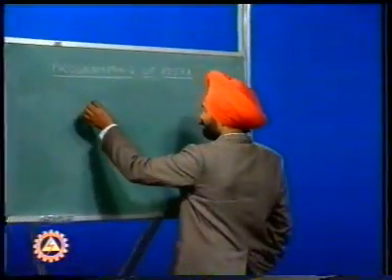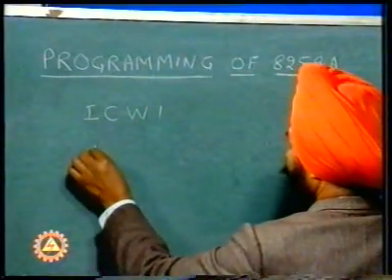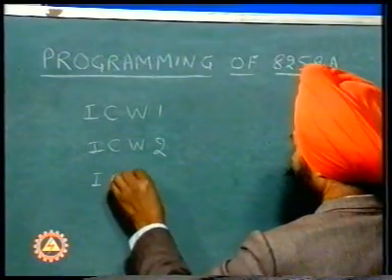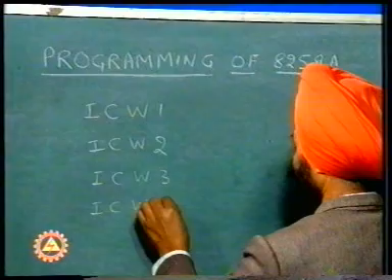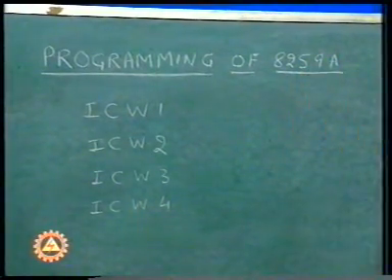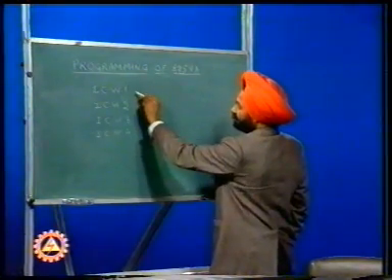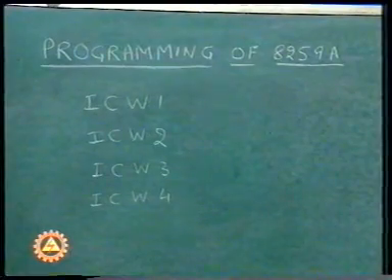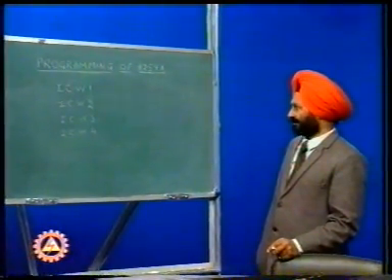In all, there are 4 initialization command words: ICW1, ICW2, ICW3 and ICW4. The first 2 commands ICW1 and ICW2 are essential, whereas ICW3 and ICW4 are optional. Now, let us see the details of these command words.